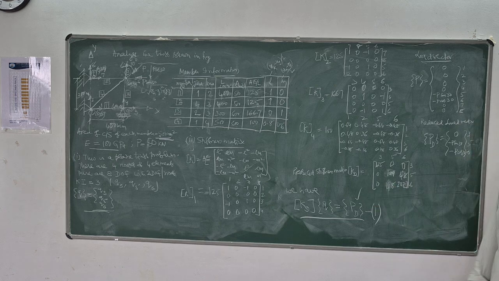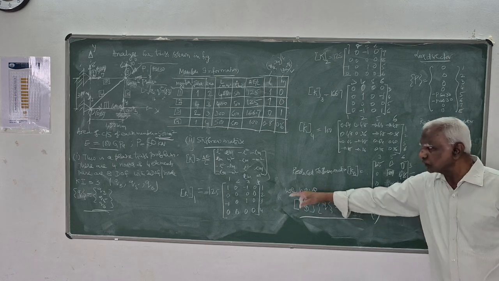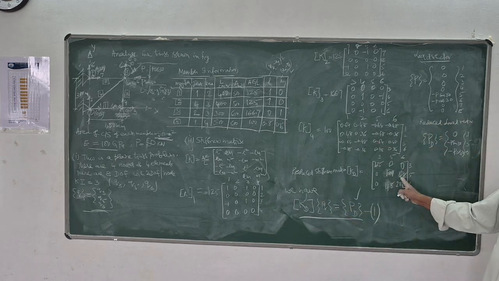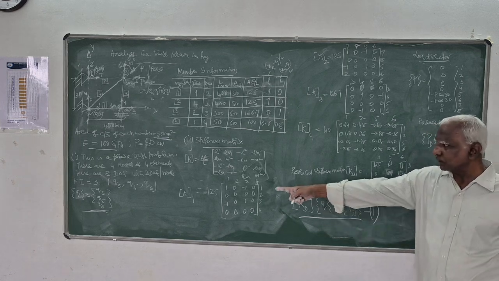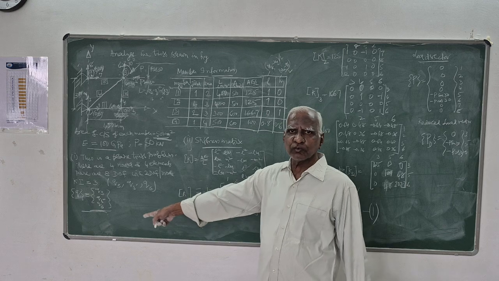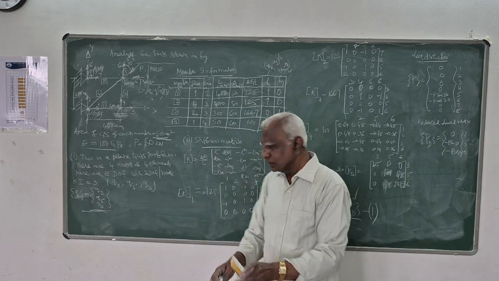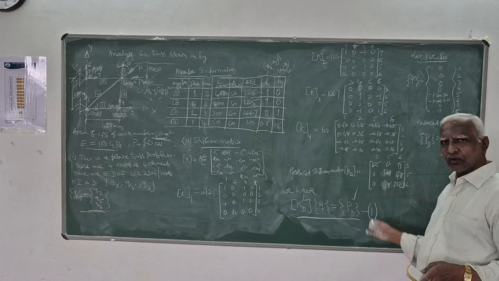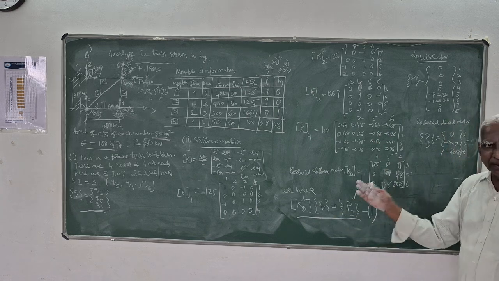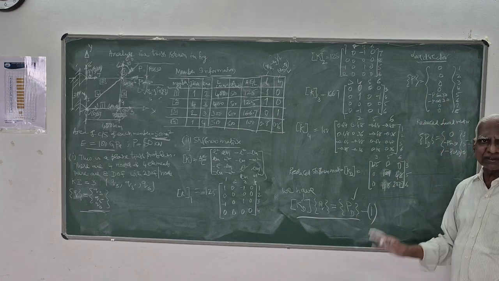Now PD is known, KD you have found out. Only unknown is Q, which is nothing but Q3, Q5, Q6. So Q3, Q5, Q6 is nothing but KD inverse into PD. You will get the unknown displacements.